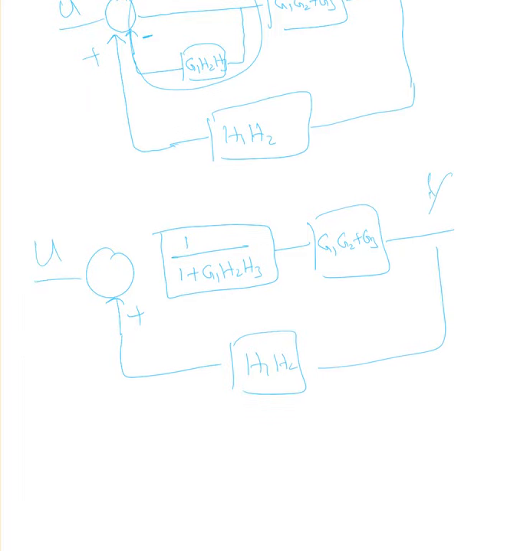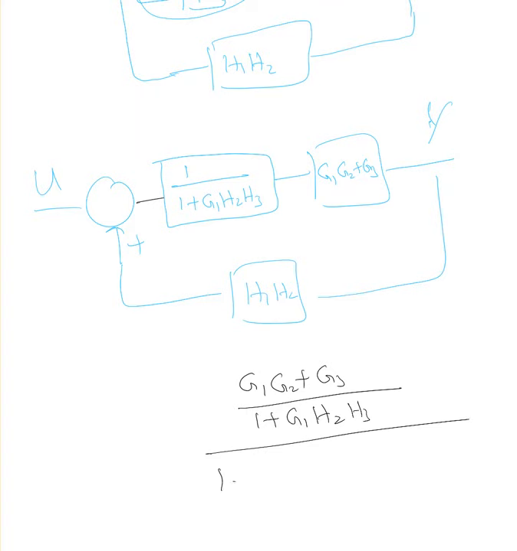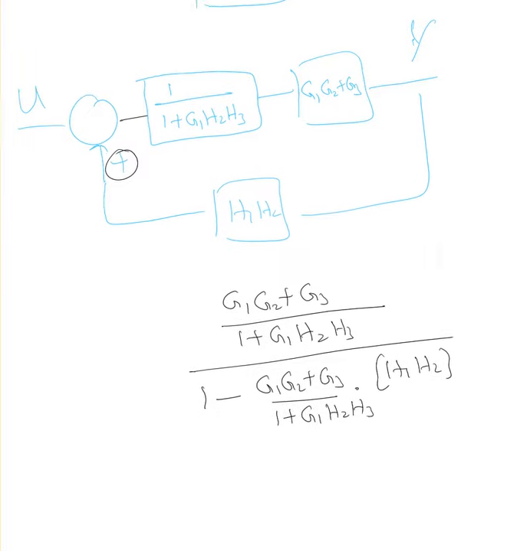Now I can multiply those two and the feedback, the total system is going to be, I'm going to write down the total transfer function, Z1 Z2 plus Z3 over 1 plus Z1 H2 H3 over 1 minus, since I have plus there, I will end up with minus. I have to write the whole thing, Z1 Z2 plus Z3 over 1 plus Z1 H2 H3 times H1 H2. Okay, this is y over u.